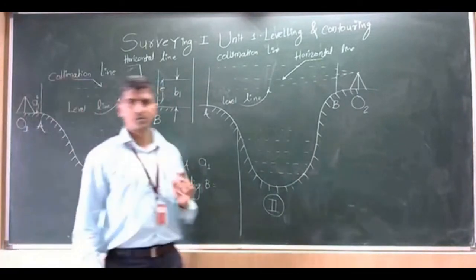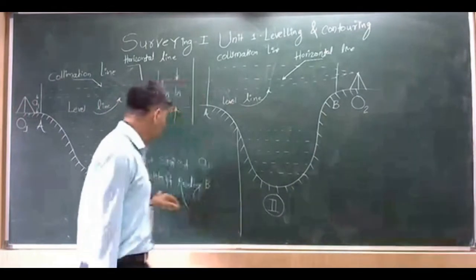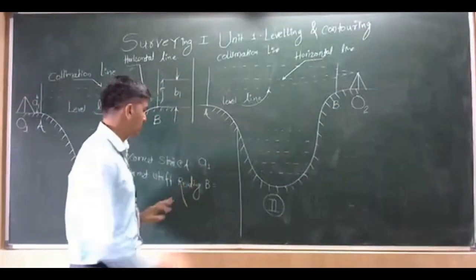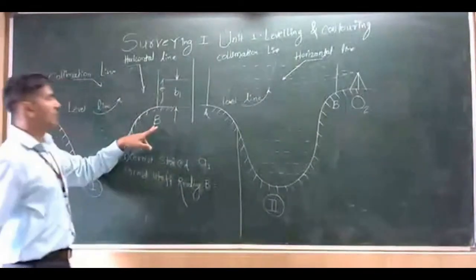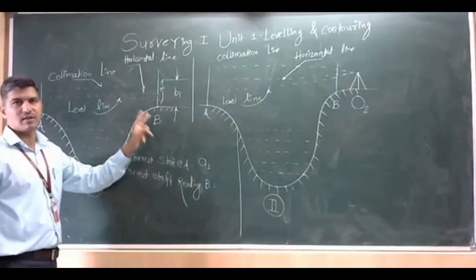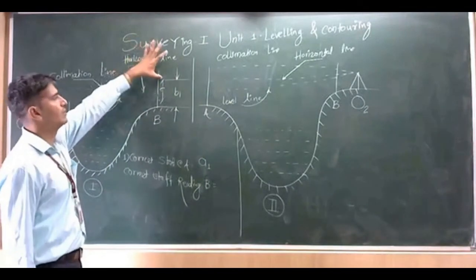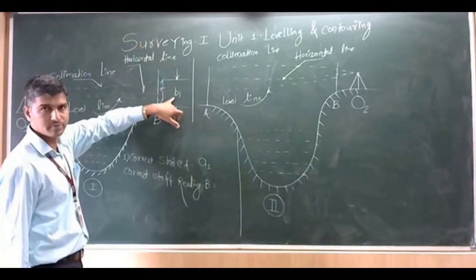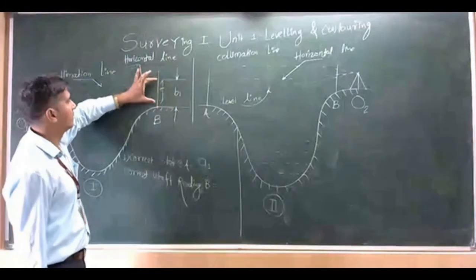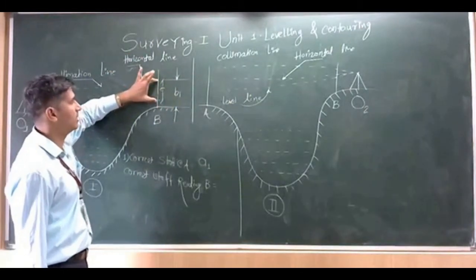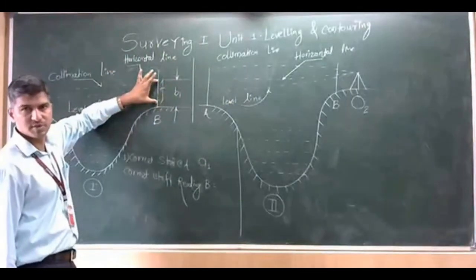Okay, next, correct staff reading at point B. Here, what will be the correct staff reading? The observed reading was B1, and the error occurred is this much.